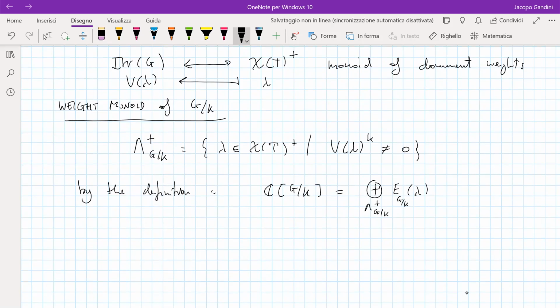I will denote by E G mod K lambda precisely the irreducible submodule isomorphic to V lambda. But in this way, when I write E lambda times E mu, this really uses the multiplication inside this coordinate ring. These modules live here, so they have their own multiplication.